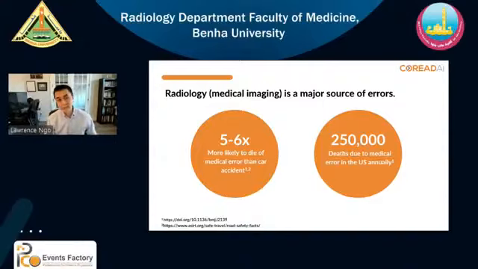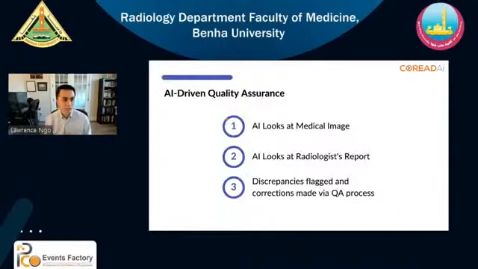It's very costly for practices to have radiologists reviewing other radiologists' work instead of just doing the clinical work and providing more revenue that way. And so what we've done is we've leveraged some of our AI algorithms to make this process a little bit more efficient.